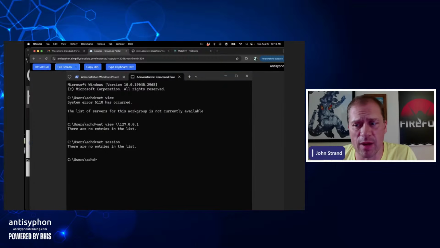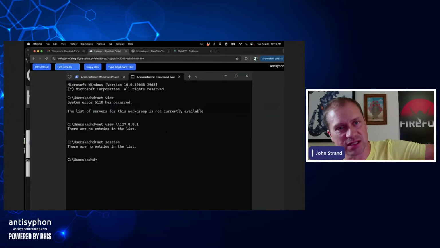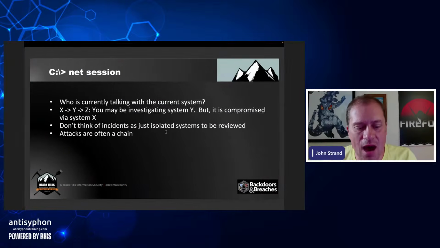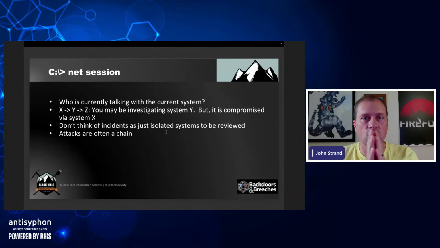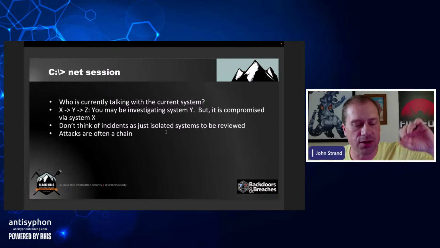We haven't compromised this particular computer system. But if system X had been compromised and then pivoted to system Z, now I know I've got to follow that thread and do an investigation on machine Y. With machine Y, I can see who has open sessions. I can see a session open from X. And now I have to do an investigation on machine X.